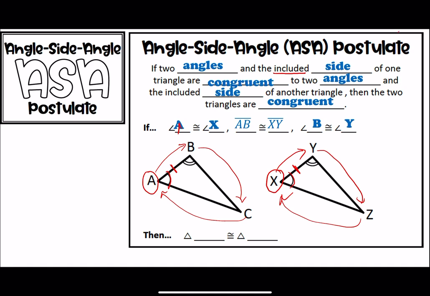And because you've got an angle, side, angle, you can then say that triangle ABC is congruent to triangle XYZ. And notice we're keeping it with our corresponding parts right here. They have to line up and they have to match.